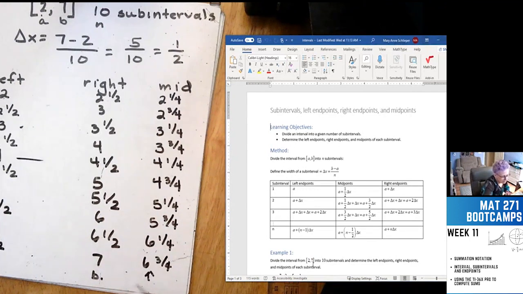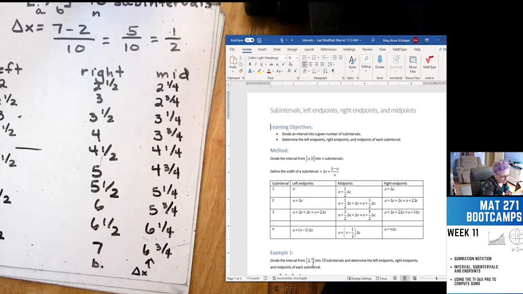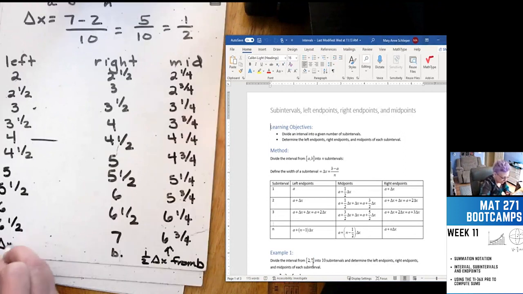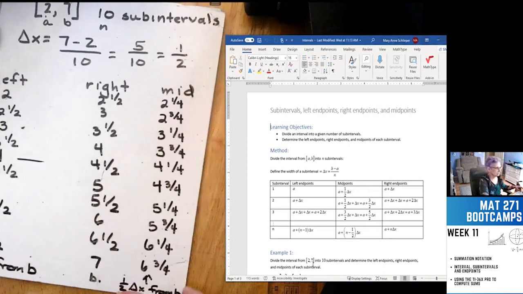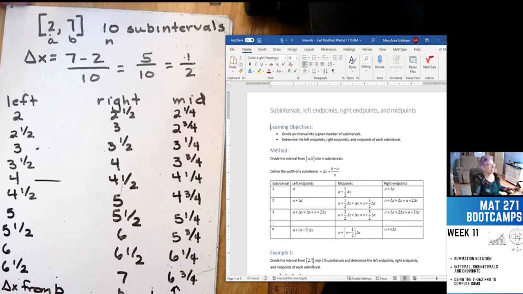And we have ended up 1/2 of delta x from B. Here we've ended up delta x from B. Easy enough?